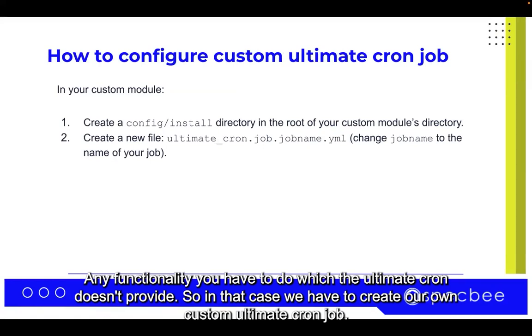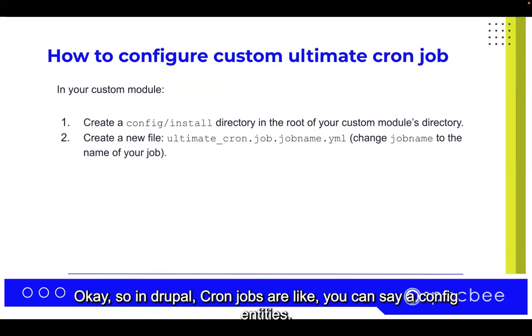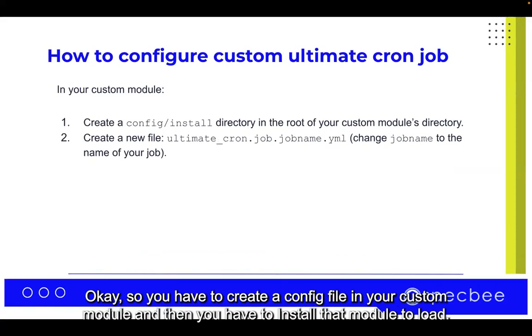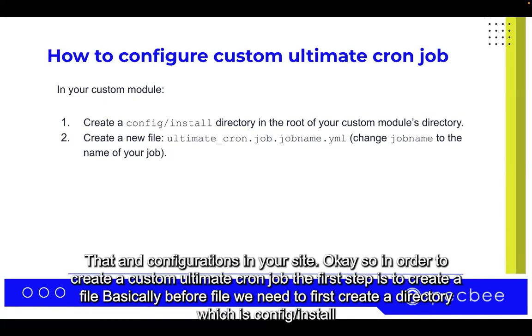In that case, we have to create our own custom Ultimate Cron job. In Drupal, cron jobs are like config entities. So you have to create a config file in your custom module, and then install that module to load that configuration in your site.